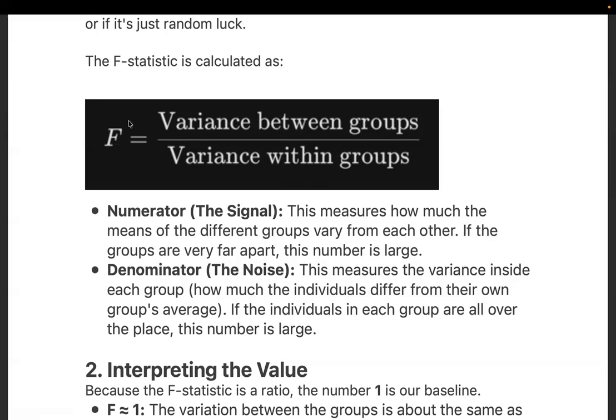When noise increases, your F statistic is low. So the desirable property is: to get a significant result, you want variance between groups to be high and variance within groups low. Within a group, they are almost the same, their values very close to the mean.